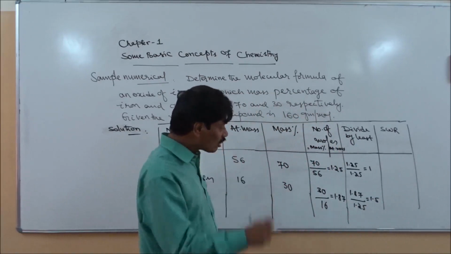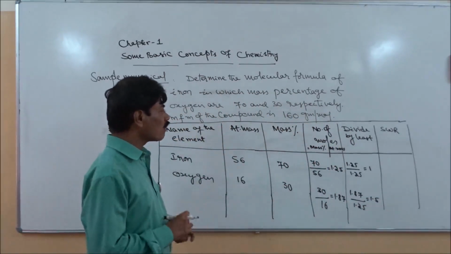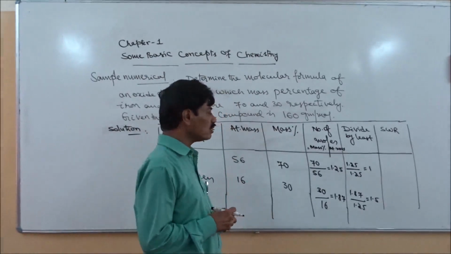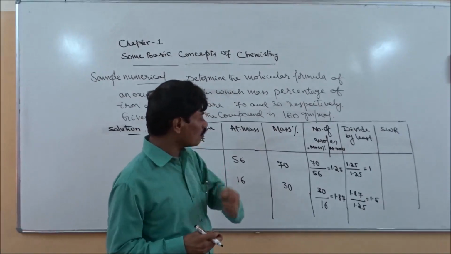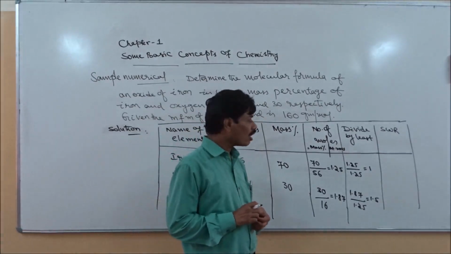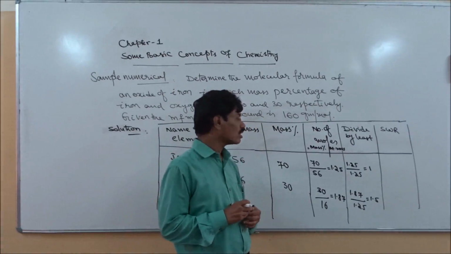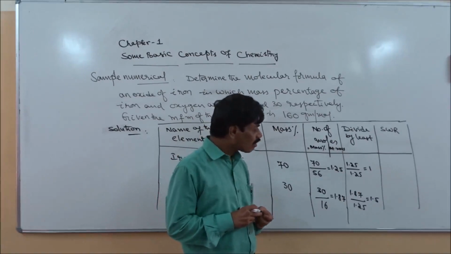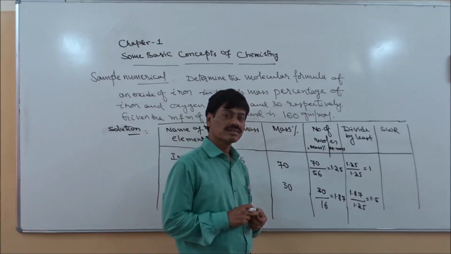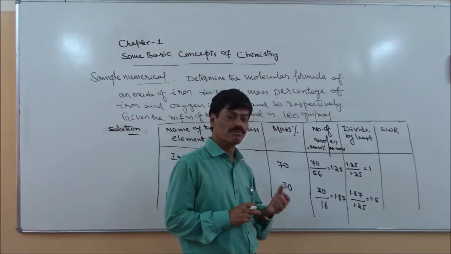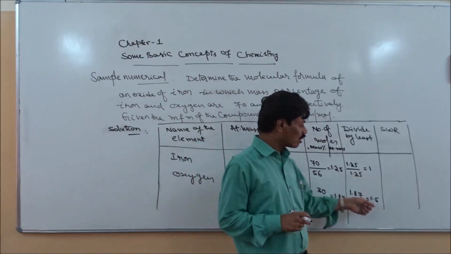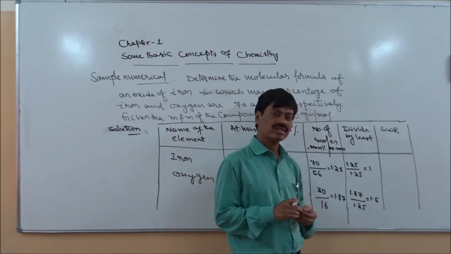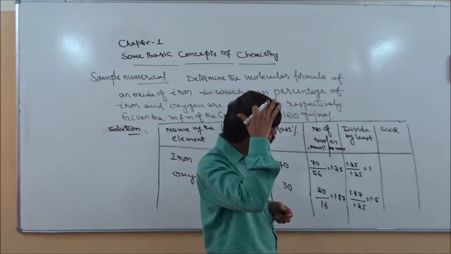Remember children, whenever we are going to find out the molecular formula of the given compound, when it is numerical based, we should not have decimal fractions. We should always have the whole number ratio of the number of moles. If the number of moles we got after dividing with the least number of moles is 1.15 or 1.129 or 1.121 etc., then we have to convert it into a simple whole number ratio.